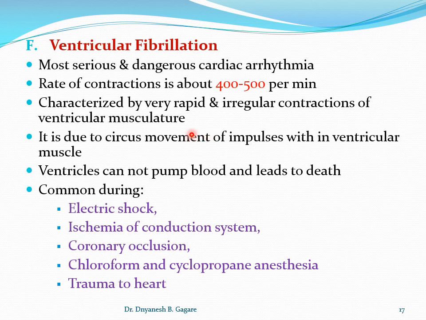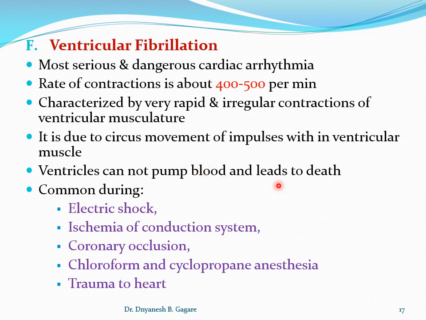It is characterized by very rapid and irregular contraction of ventricular muscle. Here it is again due to the circus movement of the impulse within the ventricular muscle, and ventricles cannot pump blood, and it leads to death.